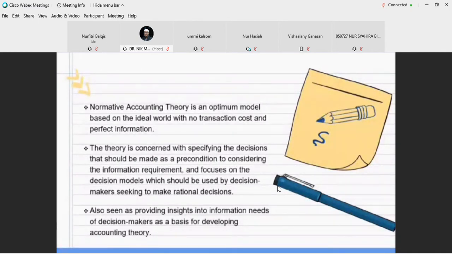The theory is concerned with specifying the decision that should be made as a precondition to considering the information requirement, and focuses on the decision model which should be used by decision makers seeking to make rational decisions. Normative accounting theory is also seen as providing insight into the information needs of decision makers as a basis for developing accounting theory.